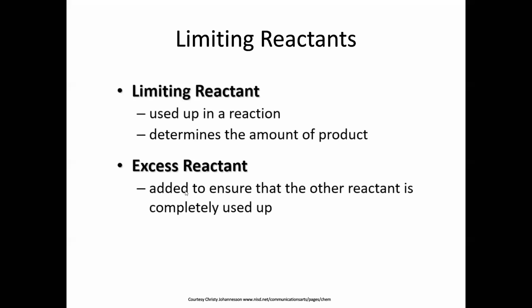You add extra excess reactant to completely use up the expensive stuff so that you make the most product you can. And the excess reactants are generally cheaper and oftentimes also easier to recycle.